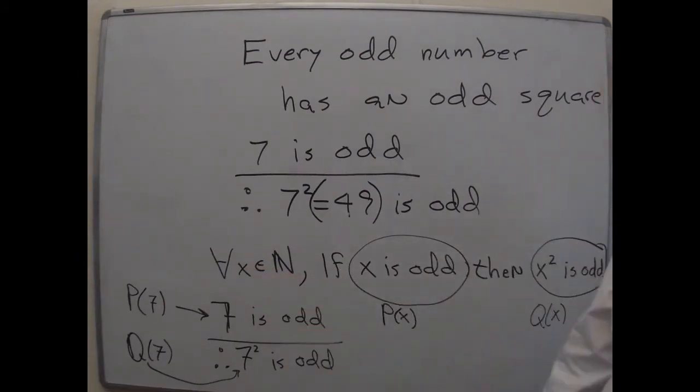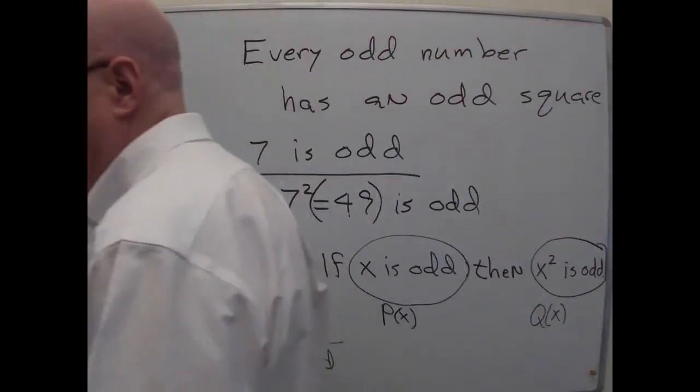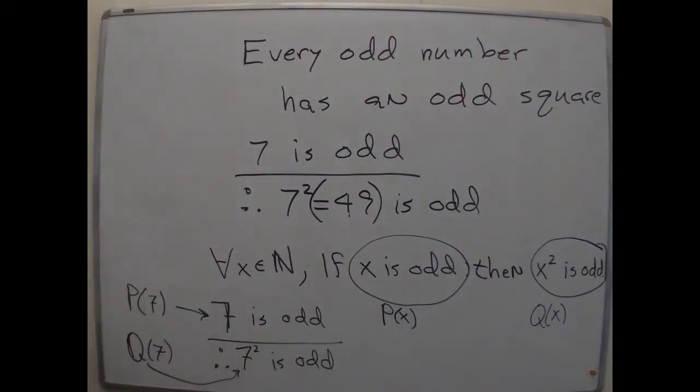It's got a universal quantifier up front, and then a particular version of P at the value of 7, happens to be true, and then concluding Q at the value of 7. That one's slightly weird because you could see that this Q is really P applied to 7 squared, but maybe if I said it again informally, the number is odd and the square of the number is odd. Those are really different ideas.